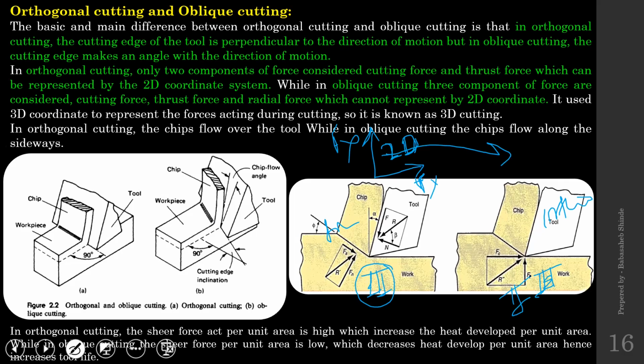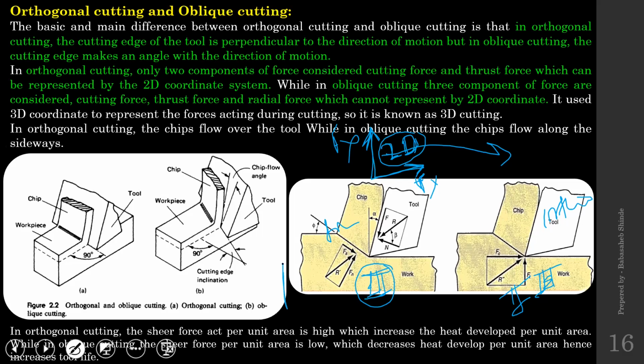So the thing that we need to consider is, in case of orthogonal cutting, there would be only two forces that you can represent using two axes, and you will get a 2D system. Whereas when it comes to representing forces in oblique cutting, there are three forces.